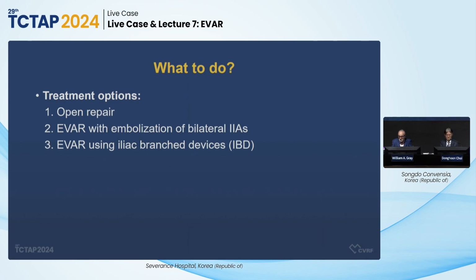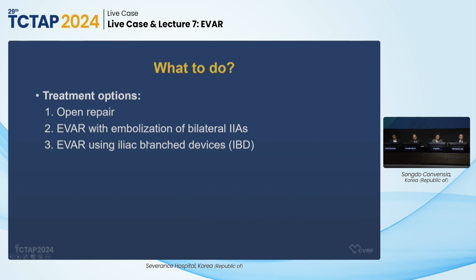In summary, this is a 70-year-old gentleman who, on regular CT follow-up for the treatment of lung cancer, was found to have aortoiliac aneurysms. He's still on chemotherapy and has extensive lung cancer, so I think open repair is not the right choice, and he wants to be treated with endovascular treatment.